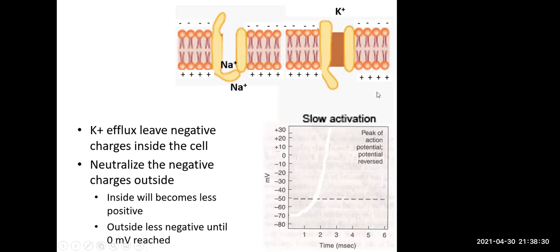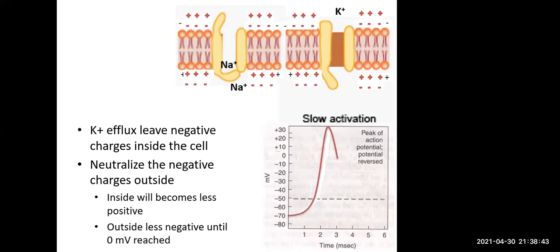Since positively charged ions are moving out, the negativity inside will become less and less. If you obtain the recording, you can see the membrane potential will return, meaning inside slowly becomes more negative because positively charged ions are moving out.